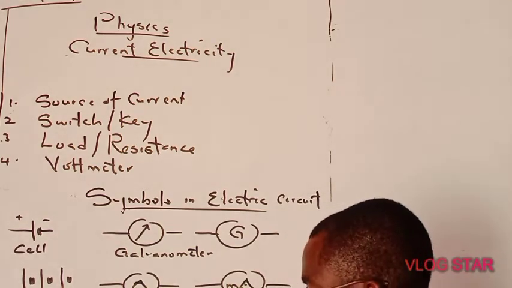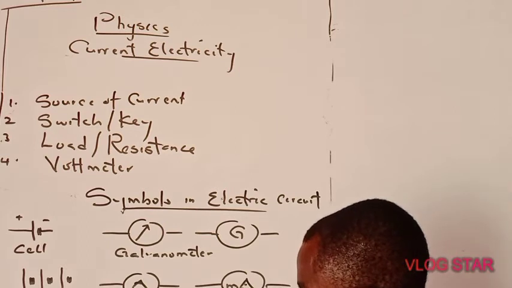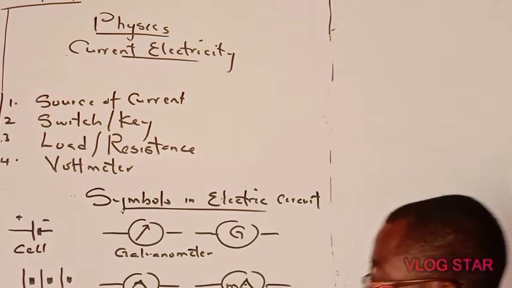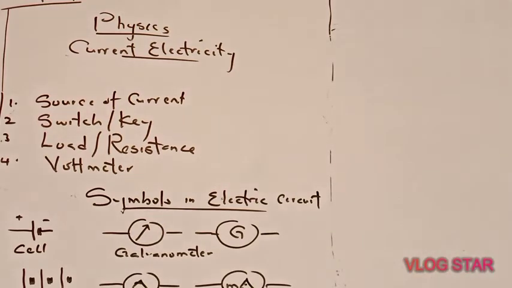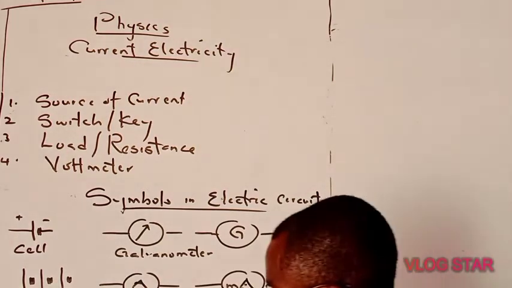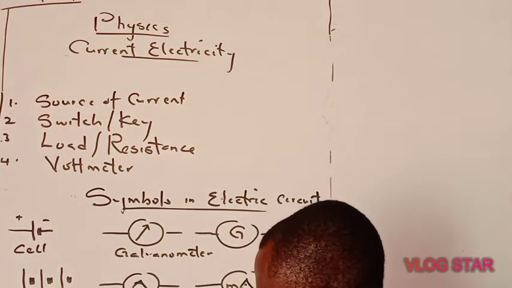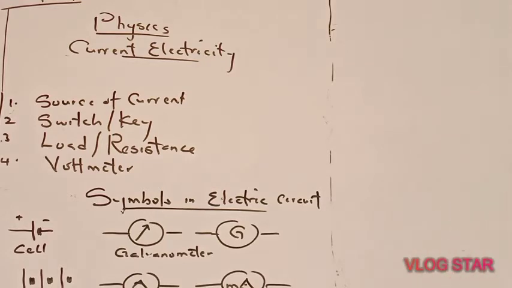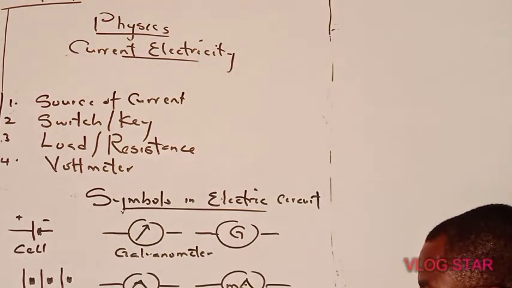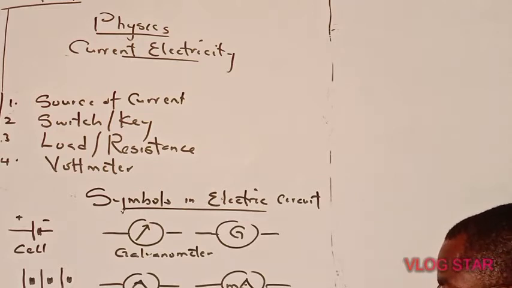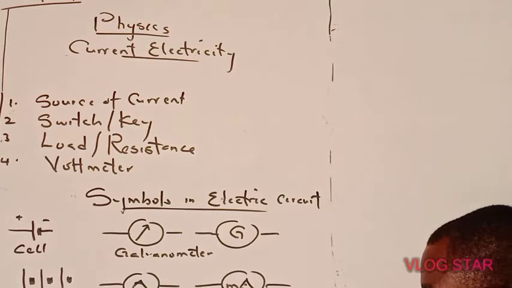If you add this like this, this is the symbol of inductor. So this is an inductor. Now, if you add this, it is resistor.